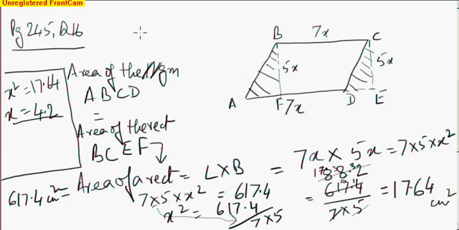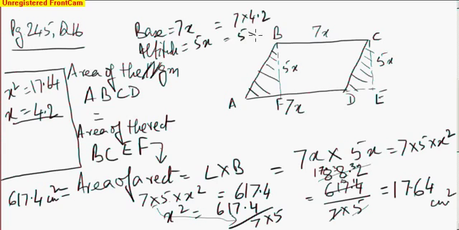Base is equal to 7x and altitude is equal to 5x, which is 7 into 4.2 and 5 multiplied by 4.2. 7 4s are 28, 7 2s are 14, plus 2 gives 29.4, and this one will be 5 2s are 10, 5 4s are 20, 21. So this is 29.4 and this is 21 centimeter.